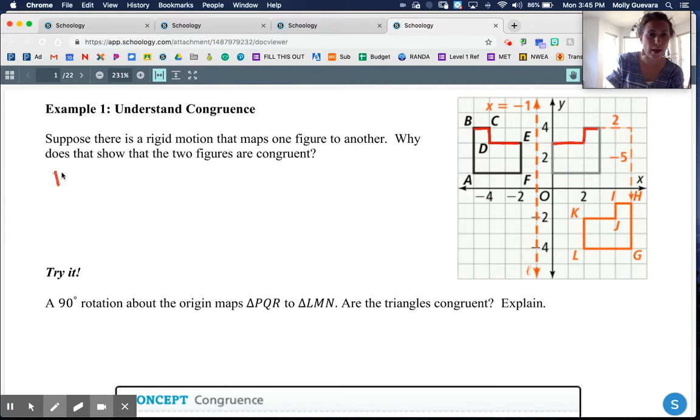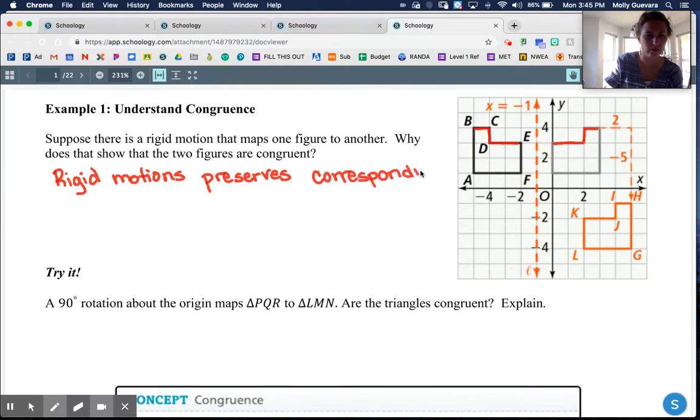So what happens in a rigid motion? Rigid motions preserve side lengths, meaning the side lengths are the same, and angle measures.